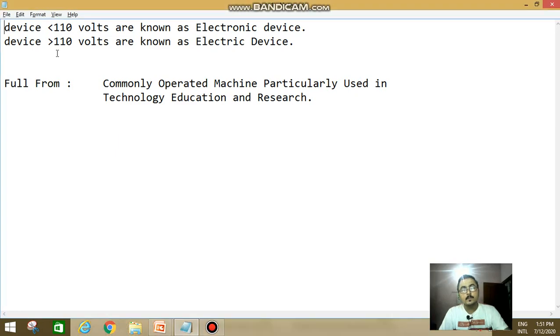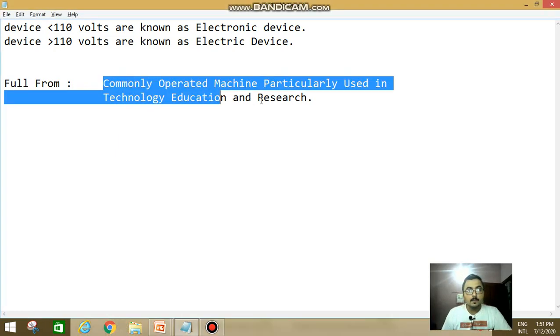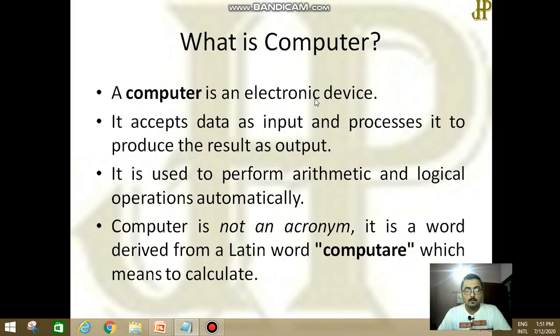What is it? Full form of computer can be commonly operated machine, particularly used in technology, education and research. Okay. Now, next slide.